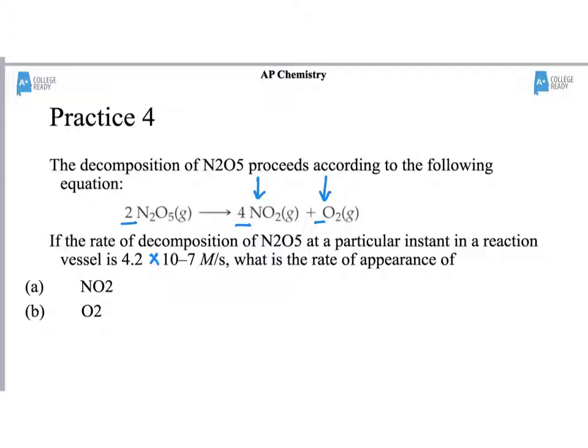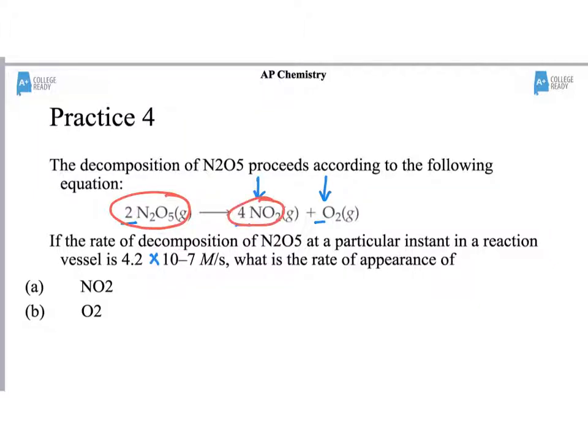All right, so it says, if the rate of the decomposition of the dinitrogen pentoxide at a particular instant in the reaction is 4.2 times 10 to the negative 7, what is the rate of the appearance of the nitrogen dioxide? All right, so let's start with what we know. So we know this, and in the first one they're asking us about this.